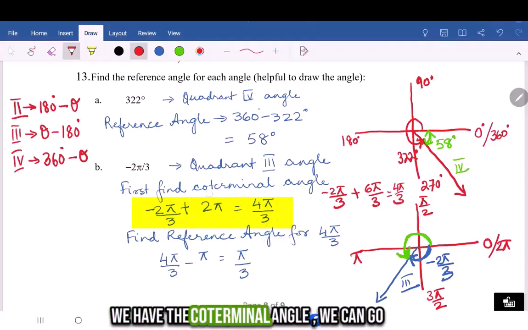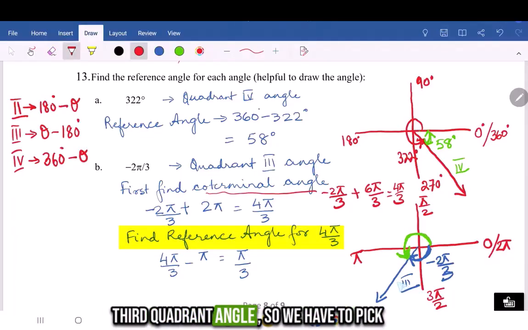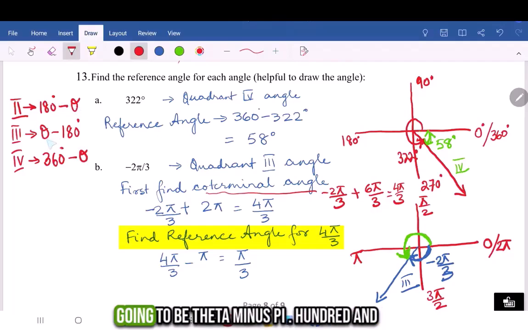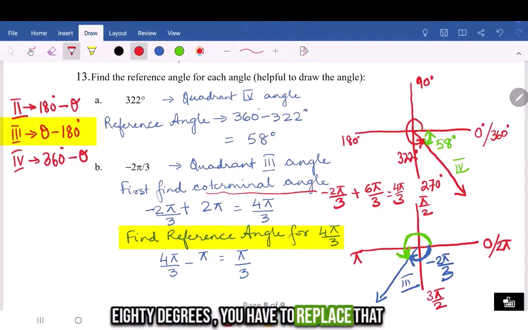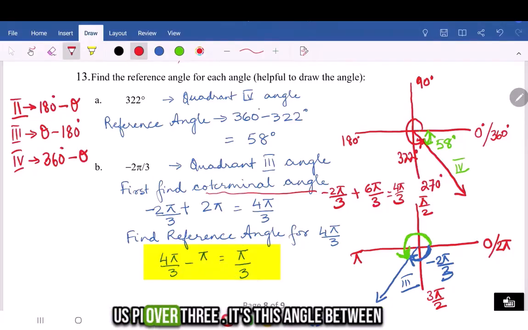Now that we have the coterminal angle, we can go ahead and find its reference angle. It's a third quadrant angle, so we have to pick the formula for the third quadrant. It's going to be theta minus pi. 180 degrees, you have to replace that with pi because we are working in radians now. So 4 pi over 3 is our theta, minus pi gives us pi over 3.